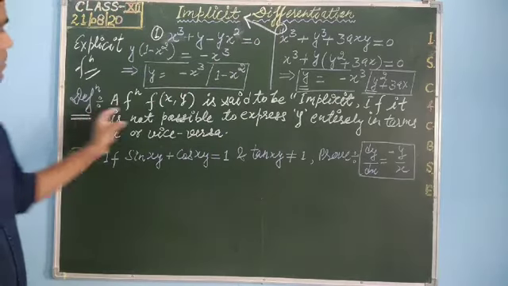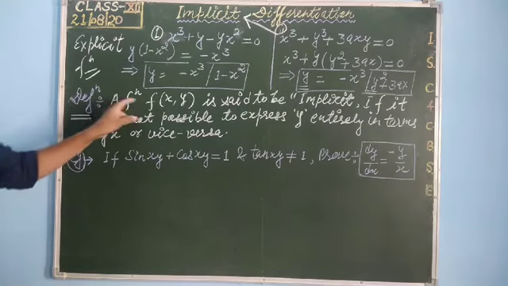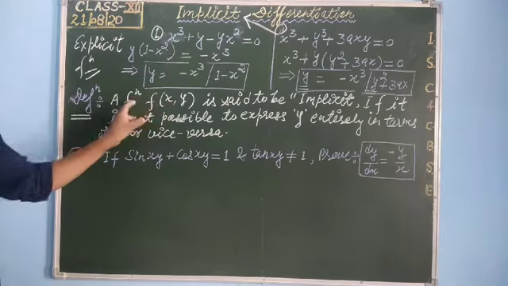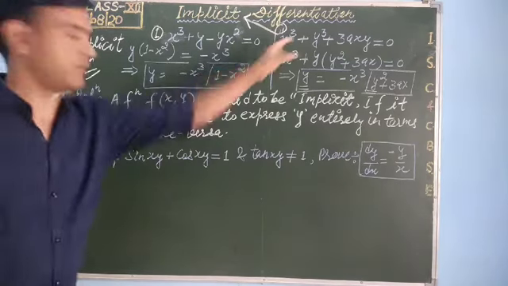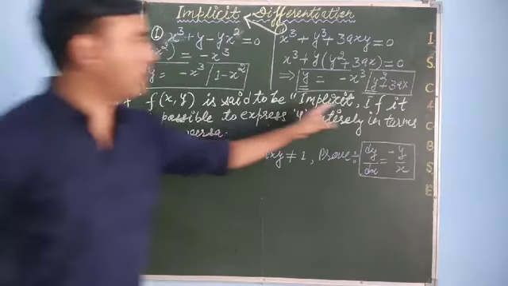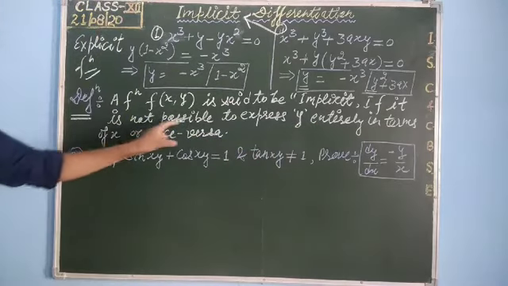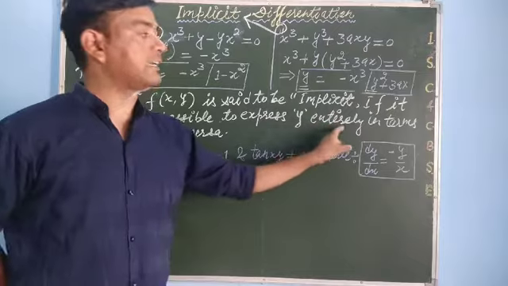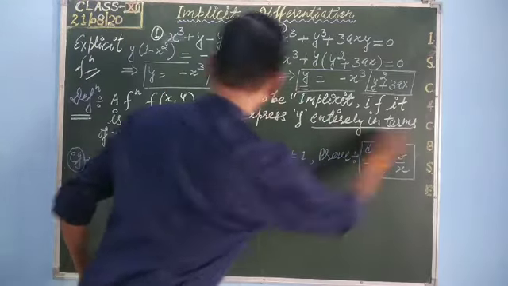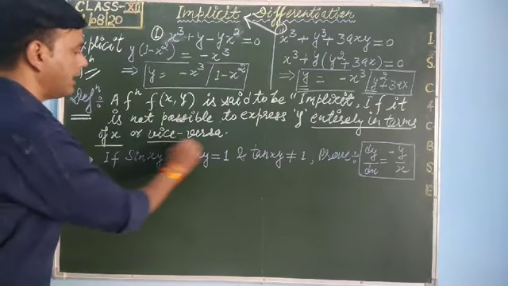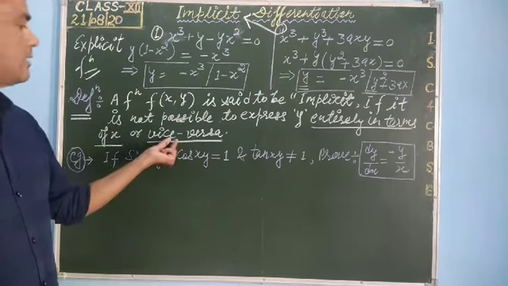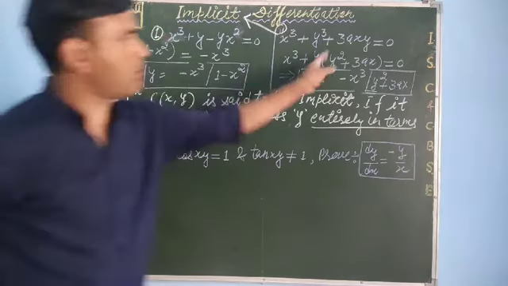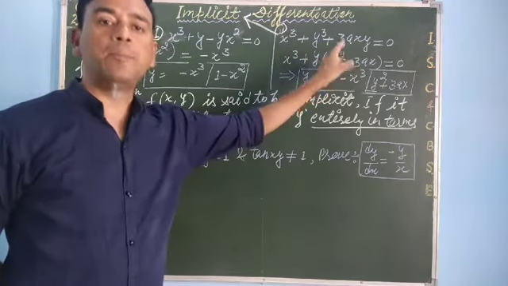So here is the definition of implicit function. A function f(x, y), it means a function in terms of x and y, is said to be an implicit function if it is not possible to express y entirely in terms of x or x in terms of y entirely, that is vice versa. Such type of functions are called implicit functions.